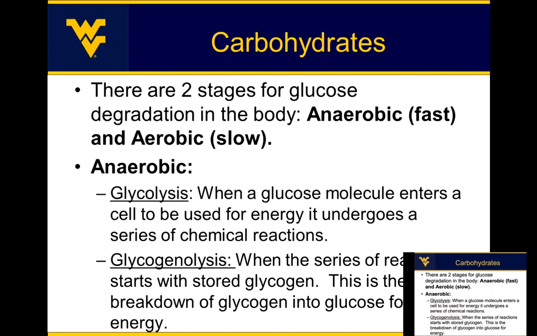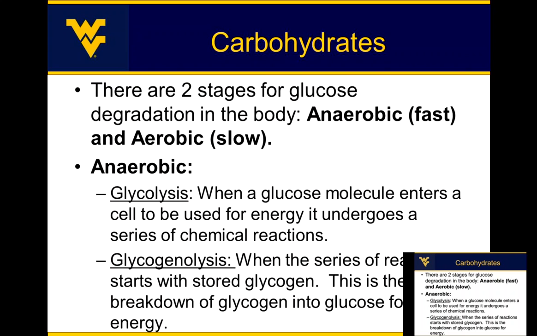All right, so let's go back and pick up where we were talking about carbohydrates. There are two stages that I want you to think about when it comes to the use of a glucose molecule. Okay, glucose is just your sugar. So if you eat carbohydrates, the body will, through the metabolism processes, convert that to glucose.